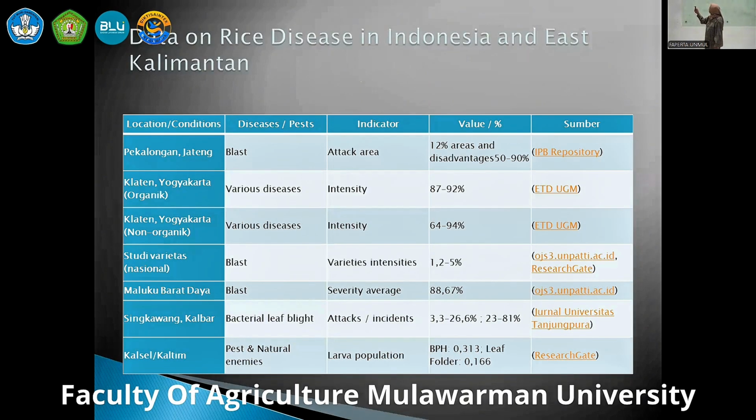Let's go to Pekalongan in Central Java. Blast dominates over there, with about 12% of areas affected, and losses about 50 to 90%. And then below, in Kaltim, there are many natural enemies of the rice. This is the data, and the larva population is also important.